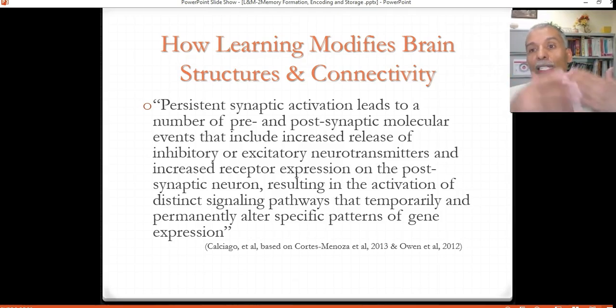And now genetic expression and the production of new products is going to be faster as well, to support the new changes that are taking place and to modify and reconstruct these networks to make them more efficient.